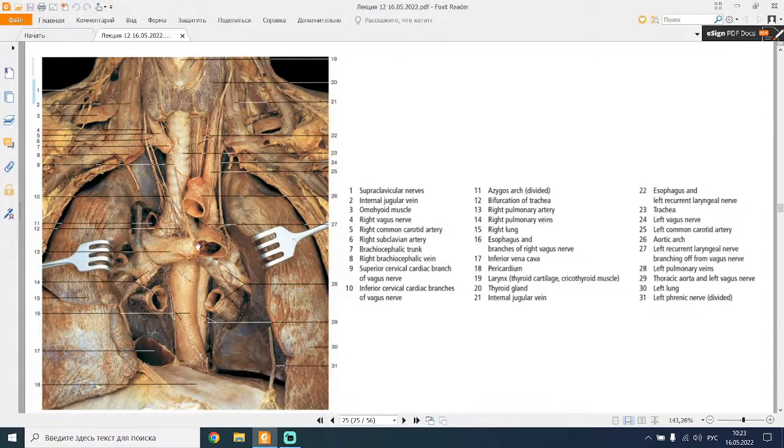You see the right pulmonary artery and right pulmonary vein, artery, vein.